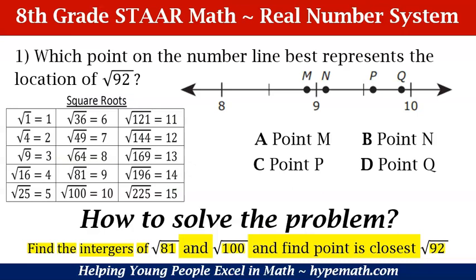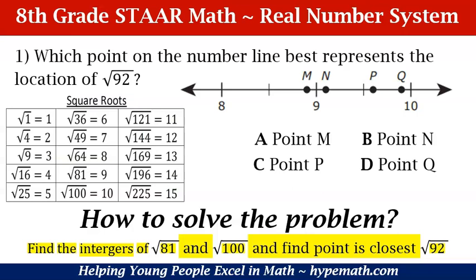So we see where point M is, we see where point N is, point P, and also point Q. Now, as we're looking at the square root of 92 and where the point would be, also pay attention to the square roots that it is in between.